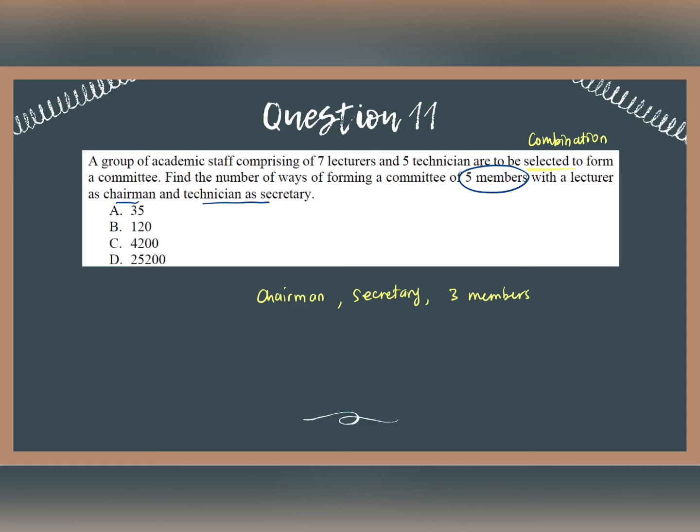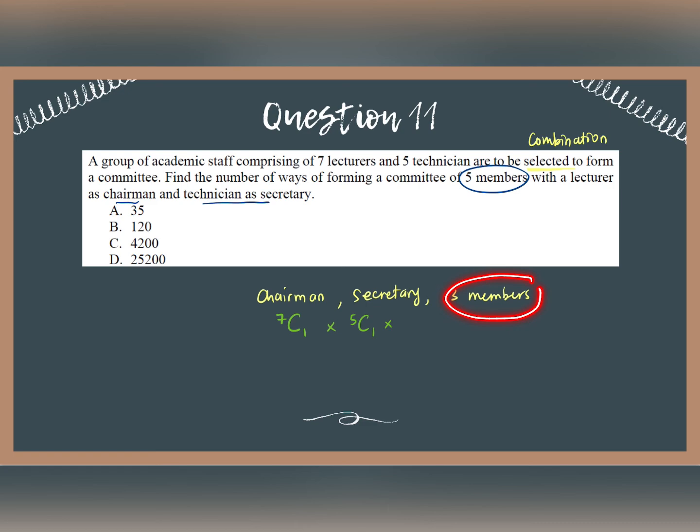So it says here the lecturer must be the chairman. So there are 7 lecturers, so from 7 people we will choose only 1. So 7C1 for chairman. For secretary, who do they want? Technician. So there are 5 technicians, so from the 5 technicians we are going to select 1. And then the 3 members, it doesn't matter who.